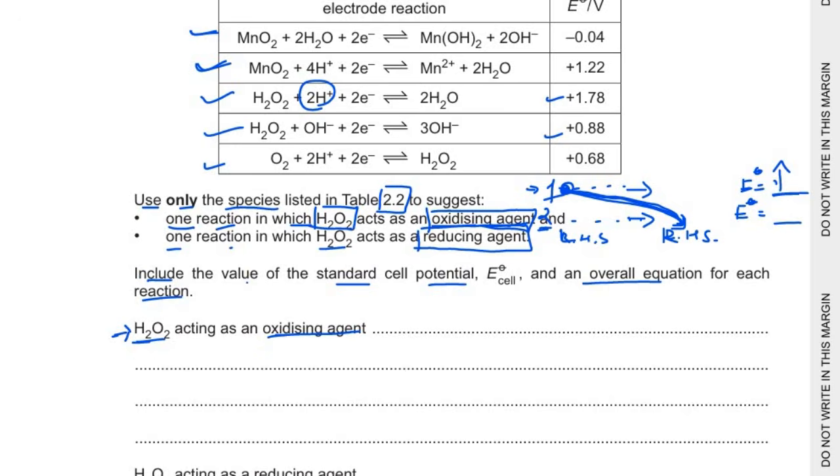Now here we can see that both the manganese species are on the right hand side, and both these values have a lower value compared to 1.78. Now we can't use 0.88 with this because that has a higher value. So I prefer that we use this one with any of these two species.